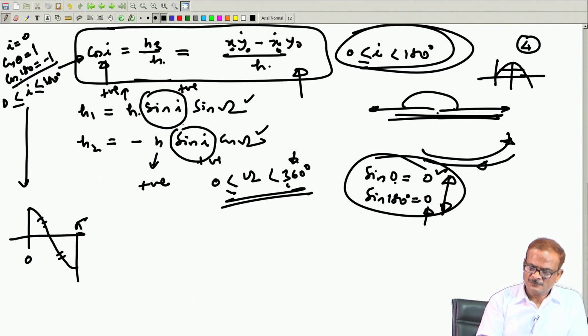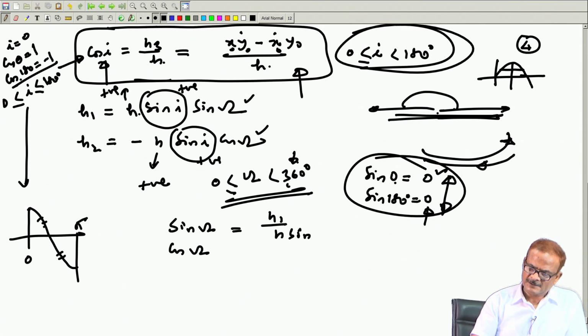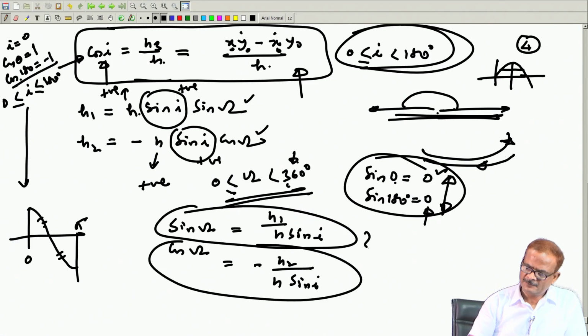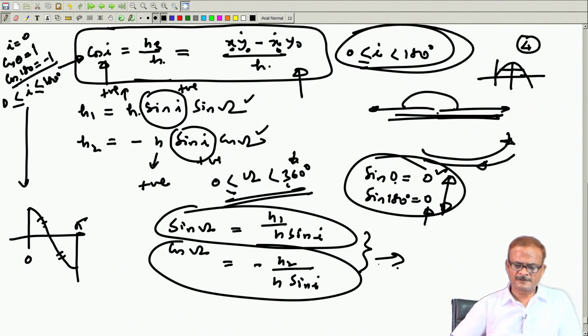So, if we know from this place sin capital omega and cos capital omega, which will be nothing but h 1 divided by h sin I and minus h 2 divided by h sin I, depending on the sign of both of them, we will be able to resolve in which quadrant they are going to lie. It is a very simple resolving. So, this is the objective.